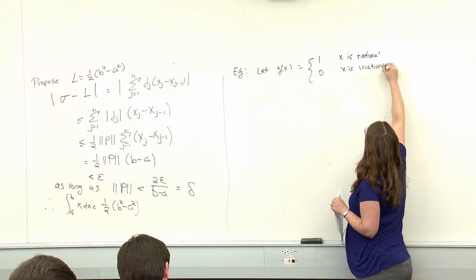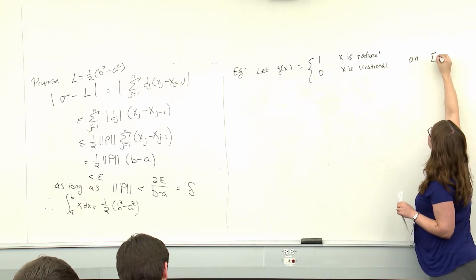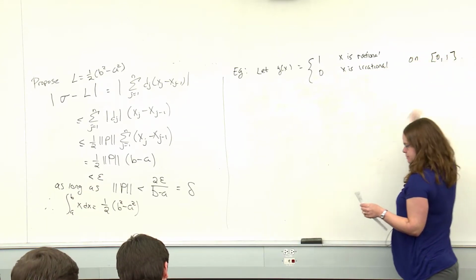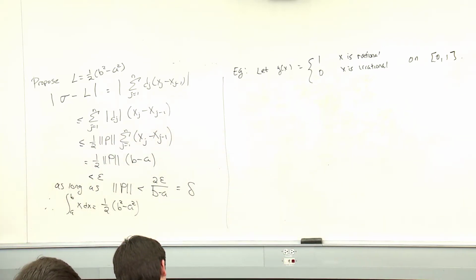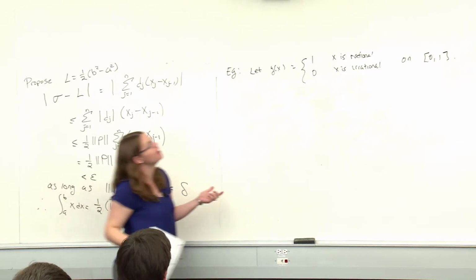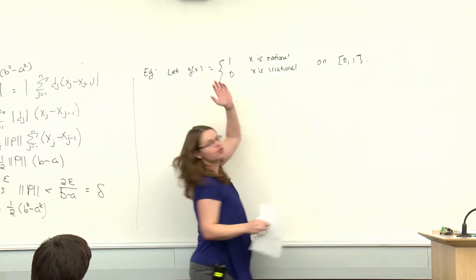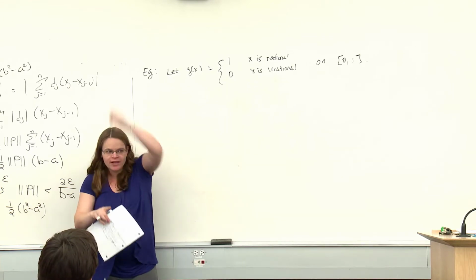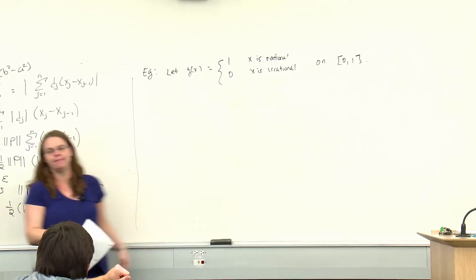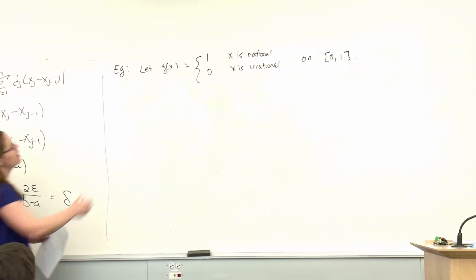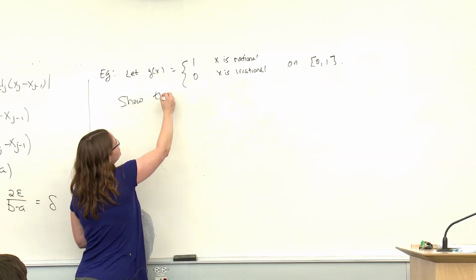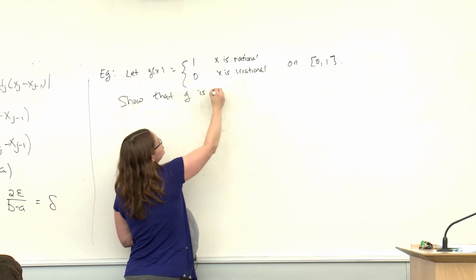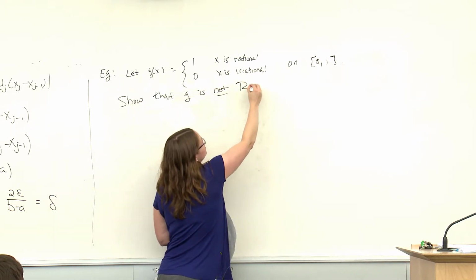And we'll define it on the interval from 0 to 1. So this is a legit function, right? Any point between 0 and 1 I can plug in and it will spit out a number. But it's going to be bouncing around like crazy between 1 and 0. So here our problem is to show that g is not Riemann integrable.